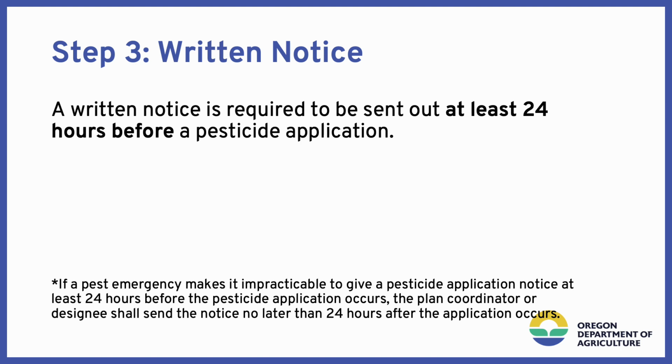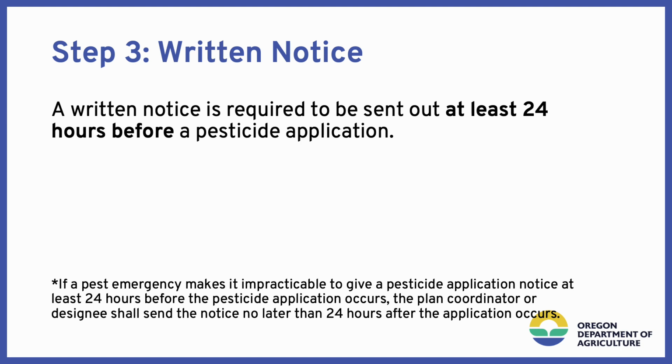Once you have declared a pest emergency, you are ready to begin your standard process for conducting a pesticide application. It is likely that during your consultation, a treatment plan was determined. Your first step will now be to send out written notice informing the school community of the intended pesticide application. This must happen at least 24 hours prior to the application.